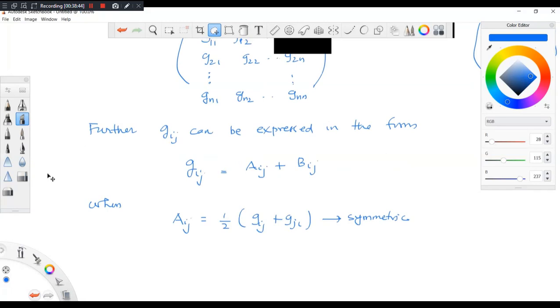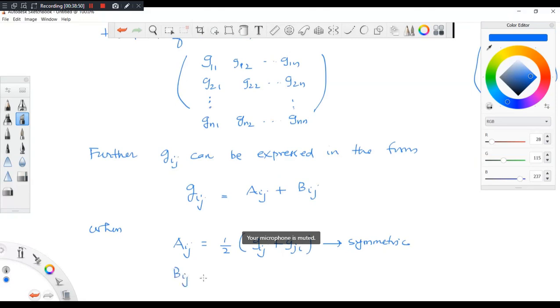And Bij is equal to half of Gij minus Gji. So this is skew symmetric.